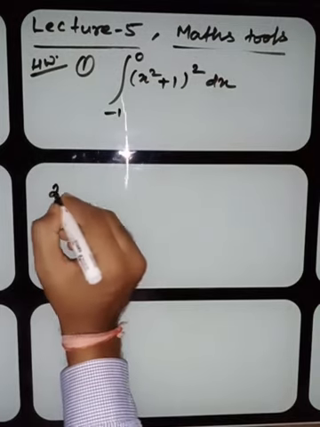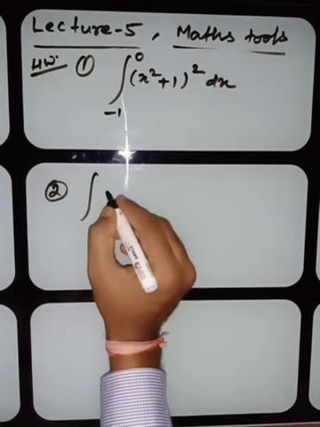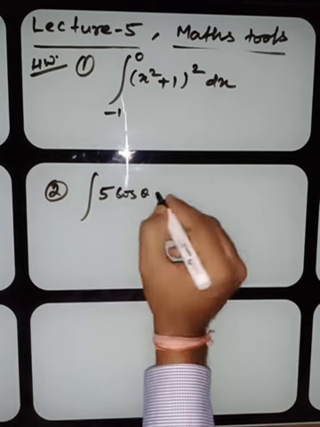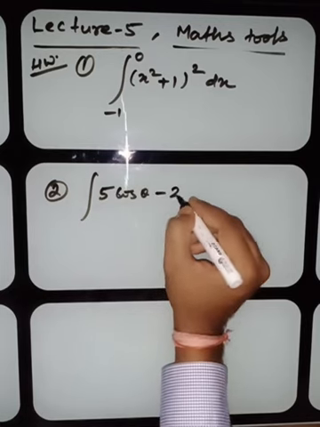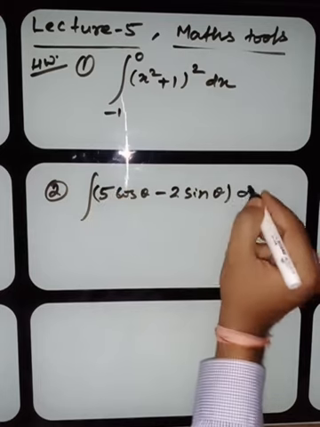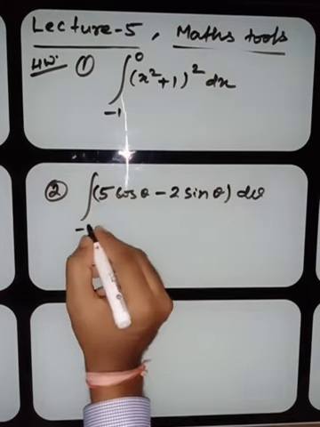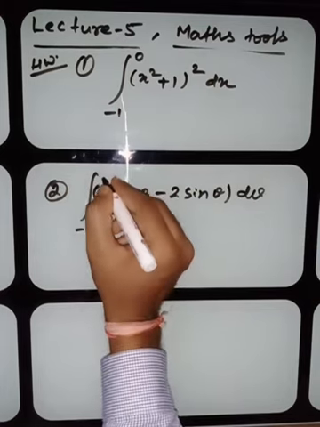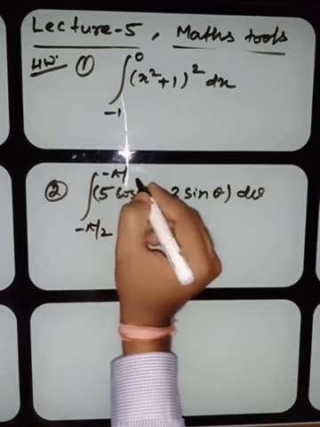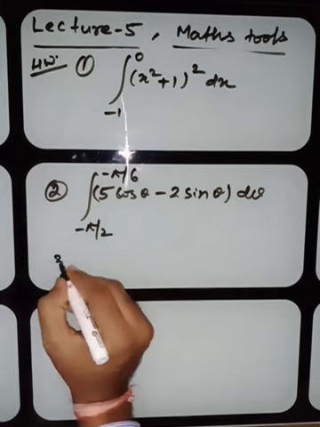Second homework: integration of 5 cos theta minus 2 sine theta d theta from minus pi by 2 to minus pi by 6. Okay, minus pi by 6.